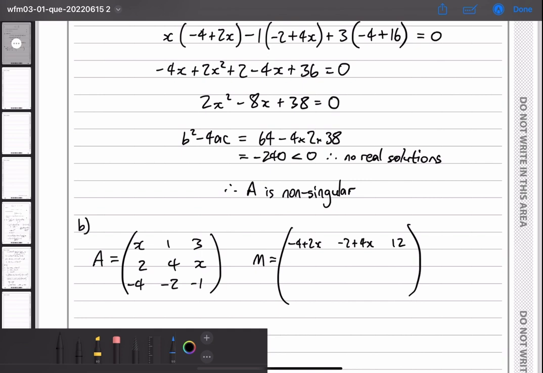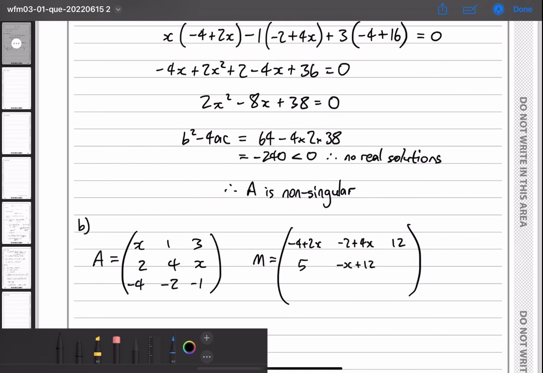So 2 has a minor of minus 1, minus 6, so that's plus 6, so let me just write 5. The 4 in the middle has a minor of minus x, minus 12.